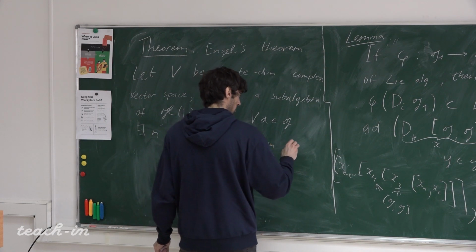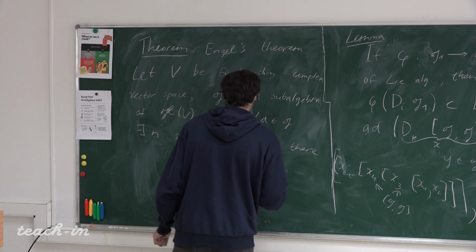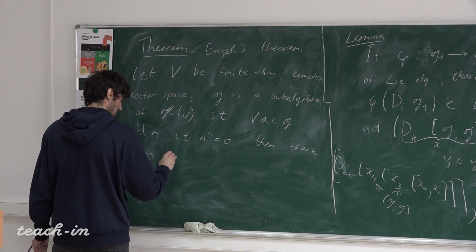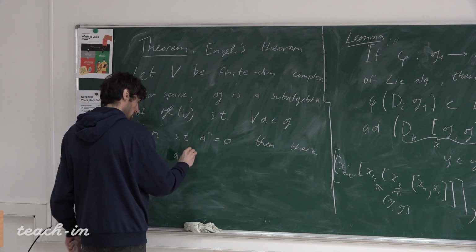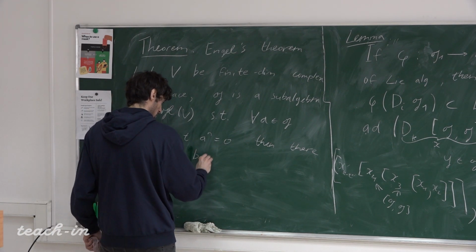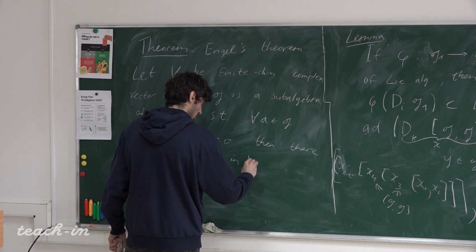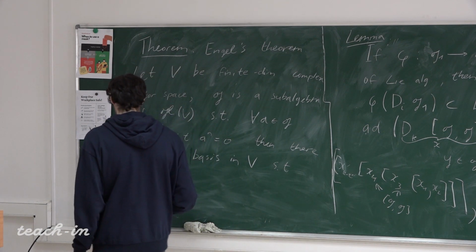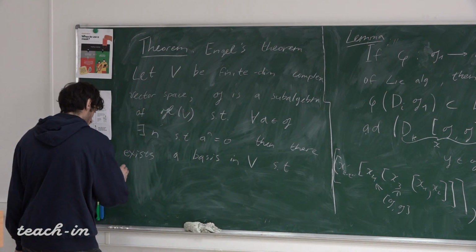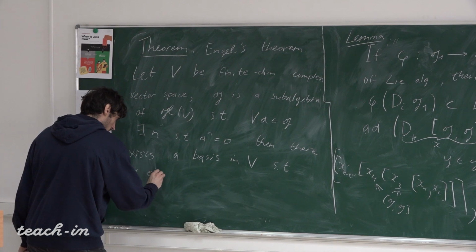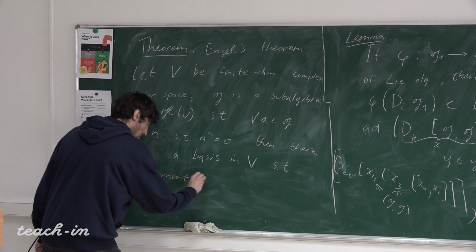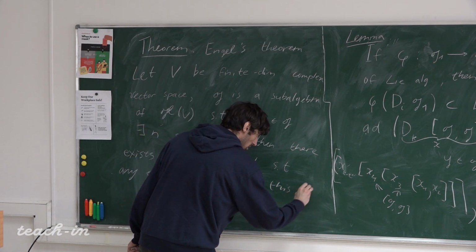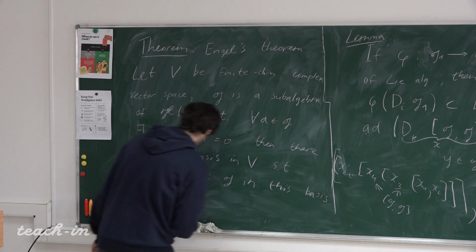Then there exists a basis in V such that any element of G in this basis is strictly upper triangular.